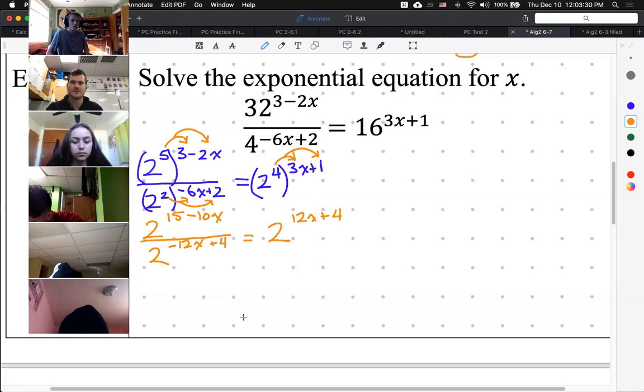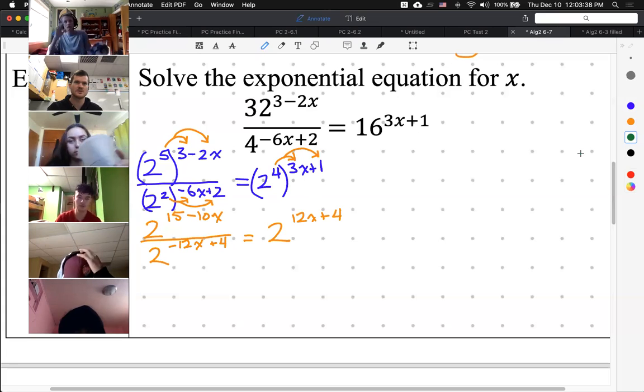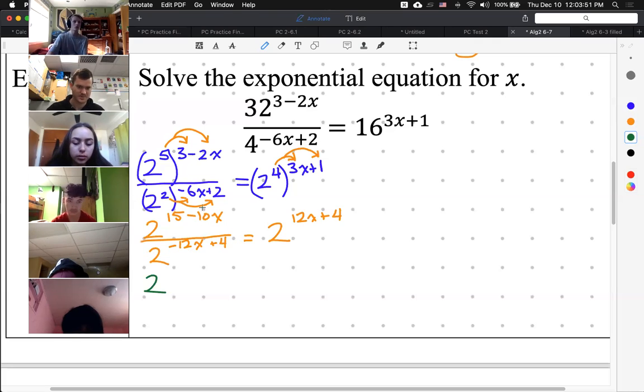All right. I think we're so far so good. What are we doing next? Charles? On the left side, you would need to subtract the powers. I agree. Whenever we are dividing the bases, we should really be doing subtraction with these powers.